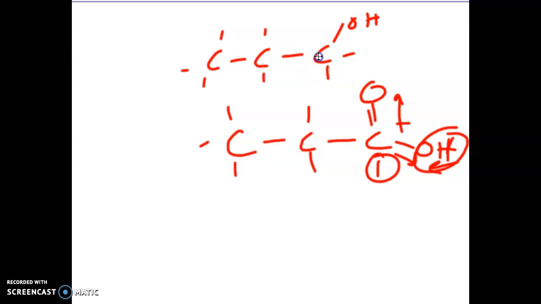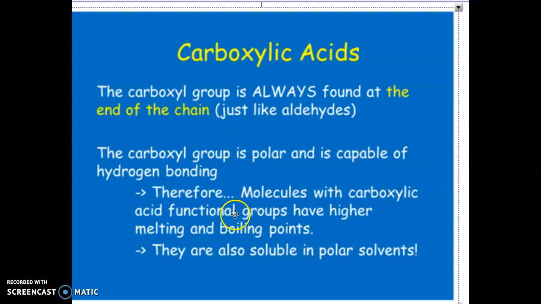So yes, of course, dipole and LDF is still there, and we both have hydrogen bonds, but then you're comparing the number of dipoles that exist. Obviously it also depends on what else is on the molecule. So in this case, we're simply comparing straight-up OH to COOH. The COOH group is more polar, which will make sense now that we're talking about this.